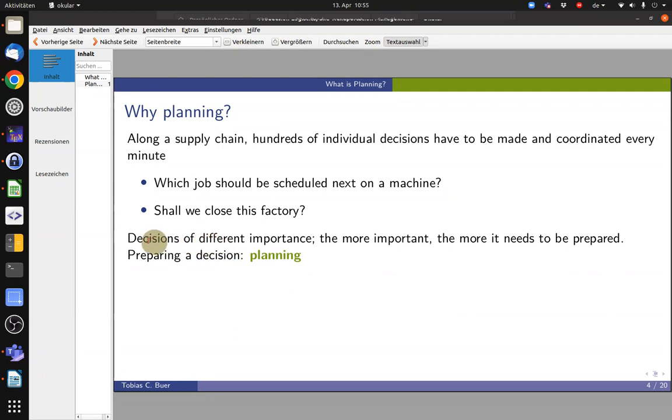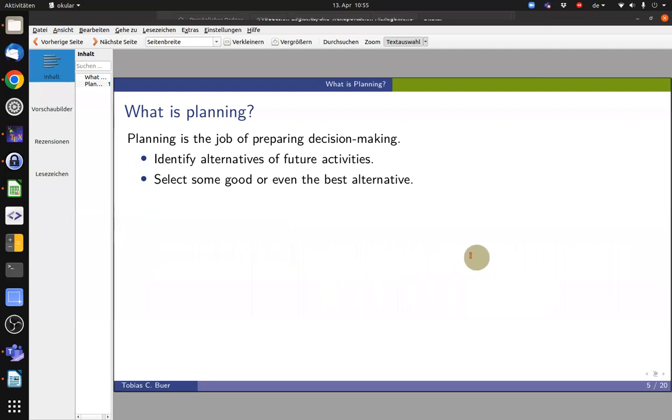These decisions are of different importance, and the more important the decision, the more preparation we need. Simply speaking, we can call preparing a decision planning. So when we plan, we prepare our decision making.